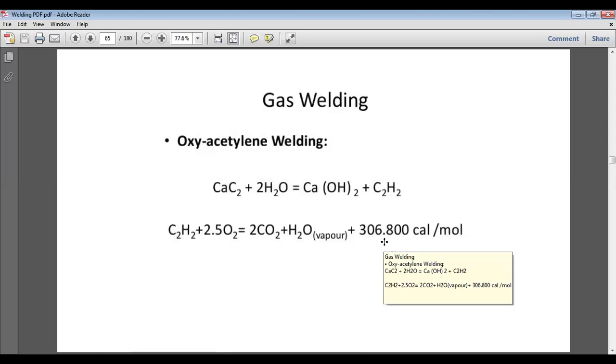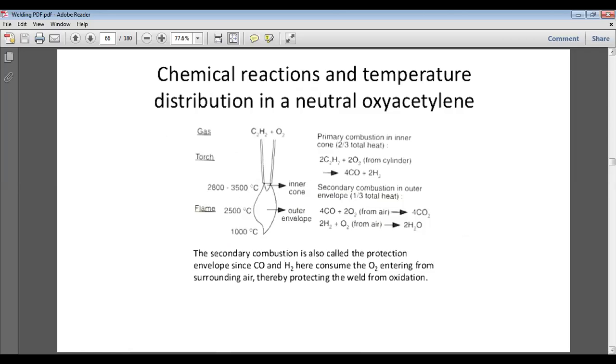So this way we have to understand that this is an important aspect of gas welding. The equation is also important. Now these are the chemical reactions and temperature distribution in a neutral oxyacetylene weld flame. So we can see this is the temperature distribution: 3500, or around 3500 degrees centigrade for the inner cone.